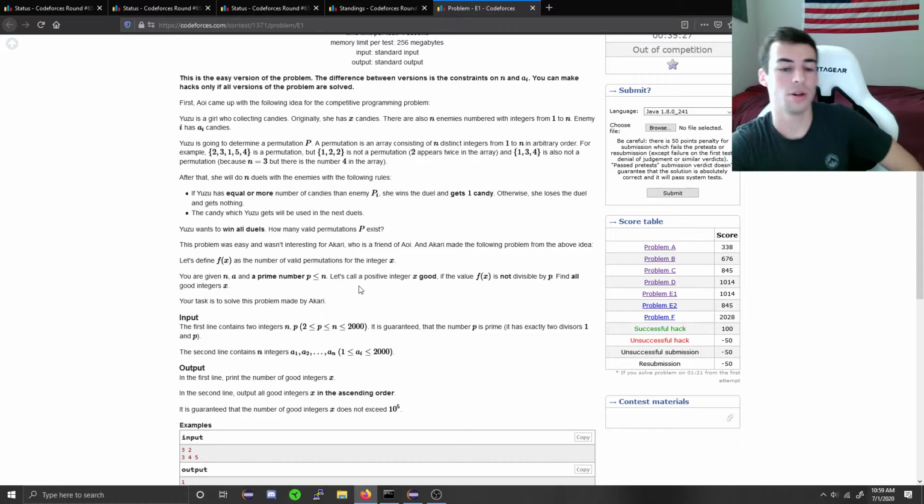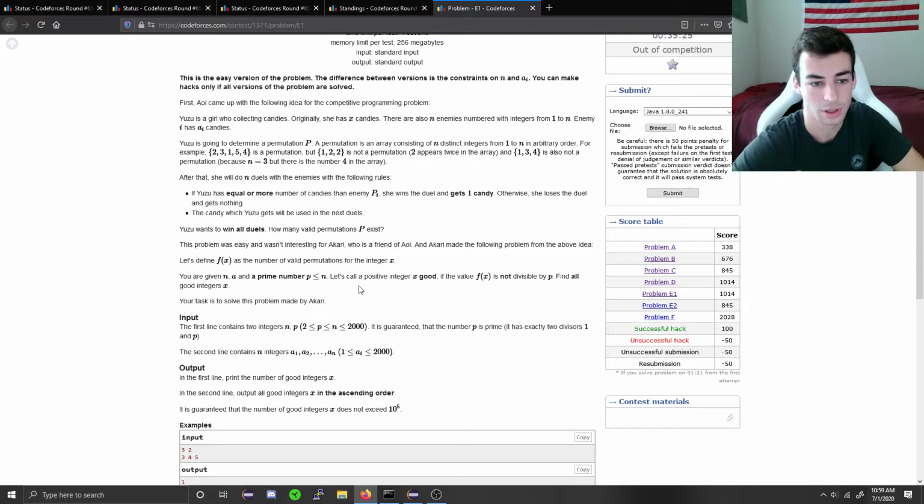So find all starting positions, all starting values where the number of permutations is not divisible by p.